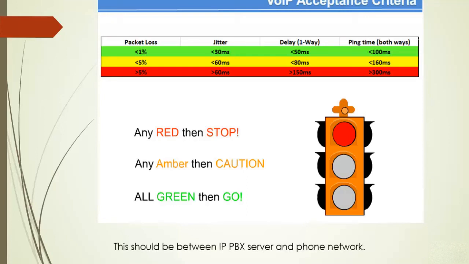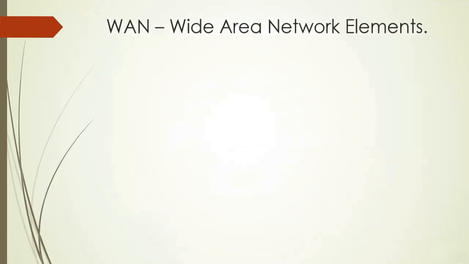So wherever your IPPBX is based, imagine if you're using it in the cloud or you're using a different subnet and different networks, then these parameters, the packet loss, the jitter and the delays, you should take into consideration. The phone network is where you're deploying the IP phones, so these parameters are checked between the IPPBX and the phone network.